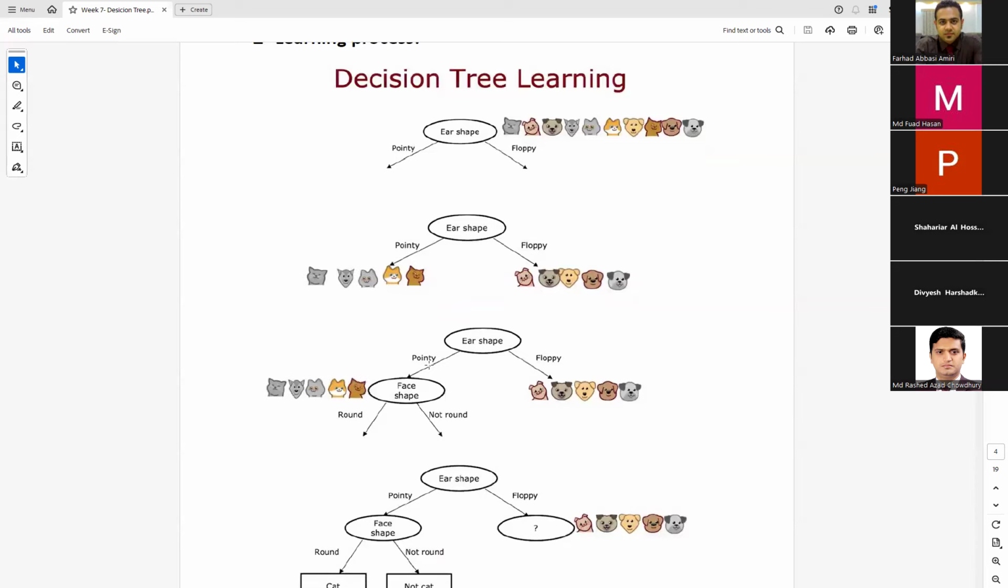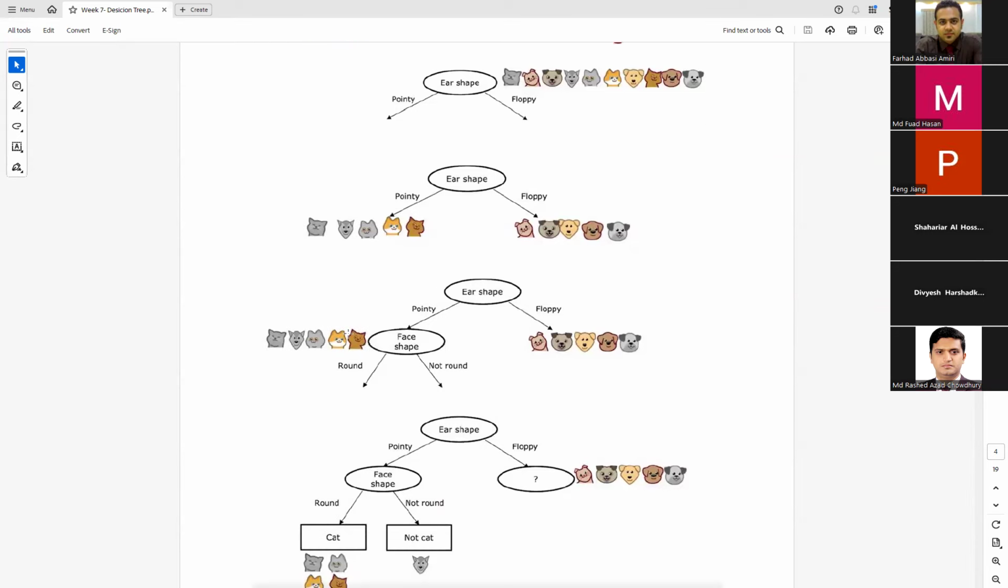For example, let's ignore the right branch and focus on the left branch with these 5 animals. So after ear shape, the pointy one was these 5. And then let's say the next decision node is the face shape. And then we see which of these 5 animals has a round face and which of them has a not round face.